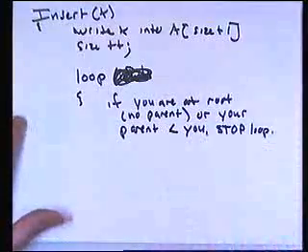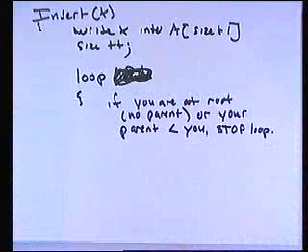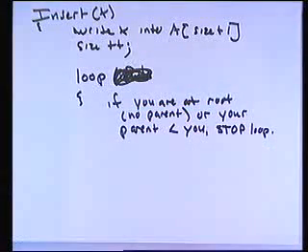We'll be done. So if you are the root, you don't have a parent. There's nothing to look for. Likewise, if you look at your parent, you have one, but that parent's less than you, then you would stop.